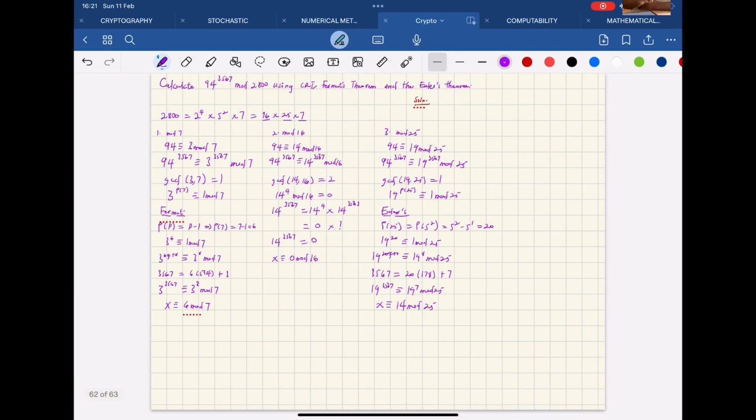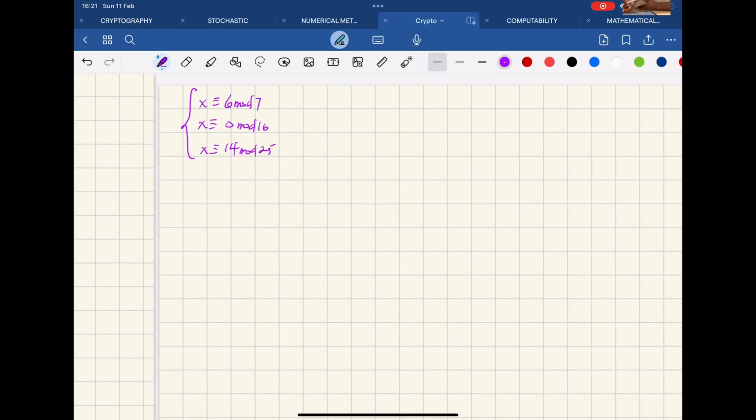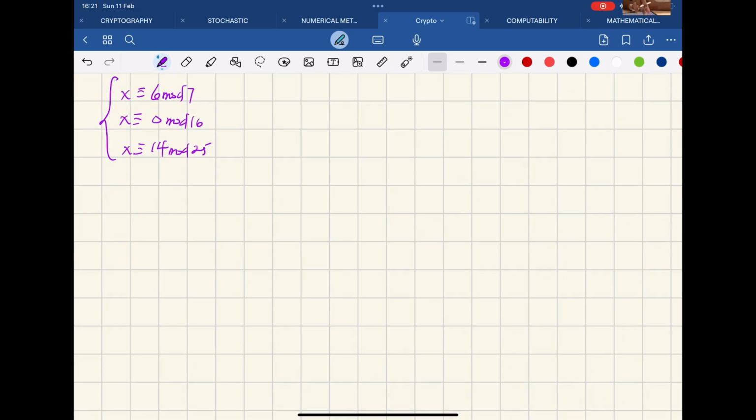Okay, so first thing, we have to go ahead and check. Here we can see that the GCD of 7 and 16 is equal to the GCD of 7 and 25, which is equal to the GCD of 16 and 25, and this is equal to 1.